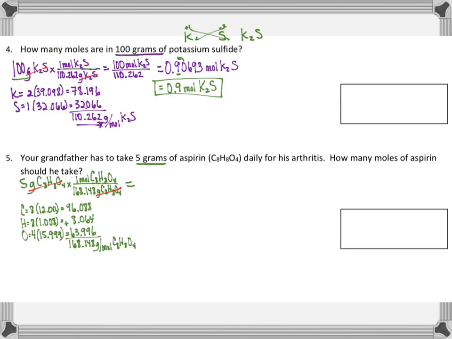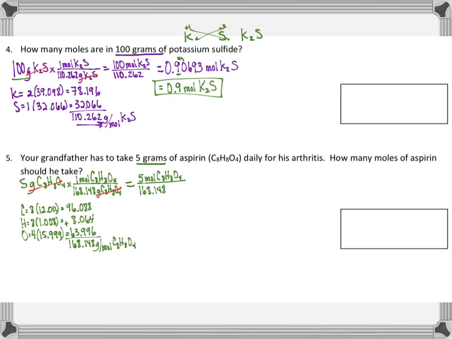So if I multiply 5 times 1, because of my numerators, I'm going to end up with 5 moles of C8H8O4. And I'm going to divide all of that by, in this case, my denominator, which is 168.148.